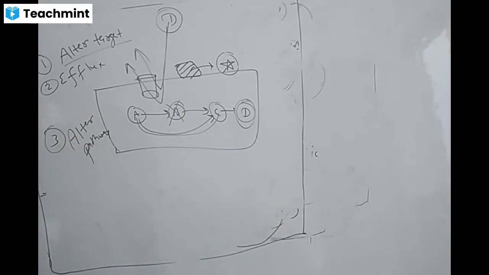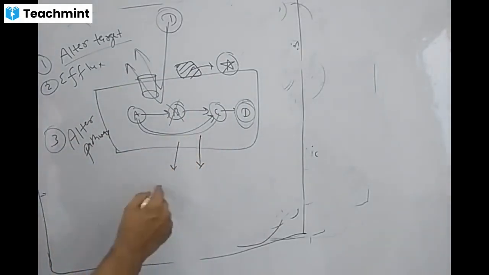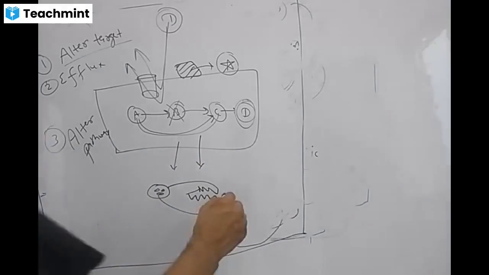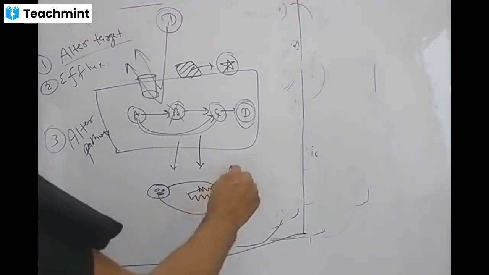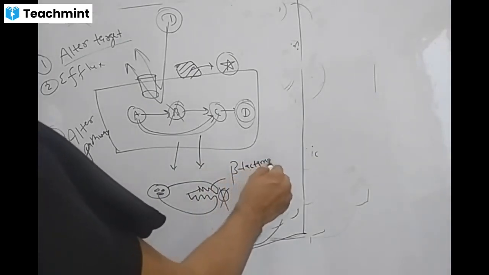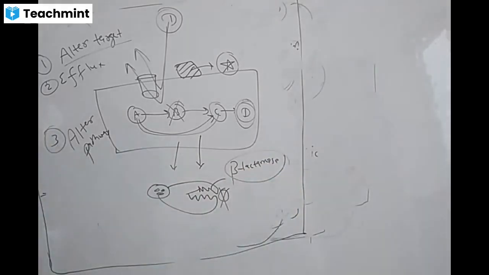One more mechanism is that these bacteria start secreting some enzymes, and these enzymes destroy our drug, and these enzymes are known as beta lactamase. Beta lactamase is the production of enzymes.